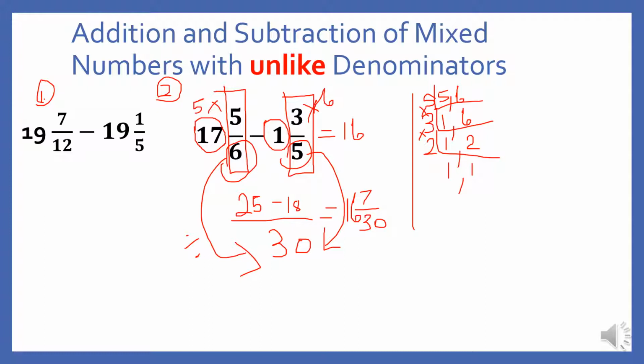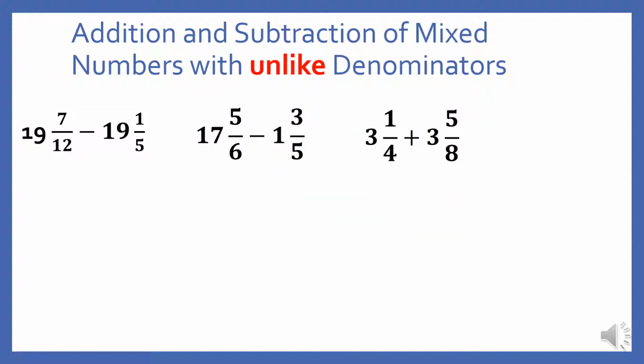Let's do another example. We have 3 1/4 plus 3 5/8. Again, we can choose to work out our whole numbers first, but in this example, I'm going to convert. Alright?